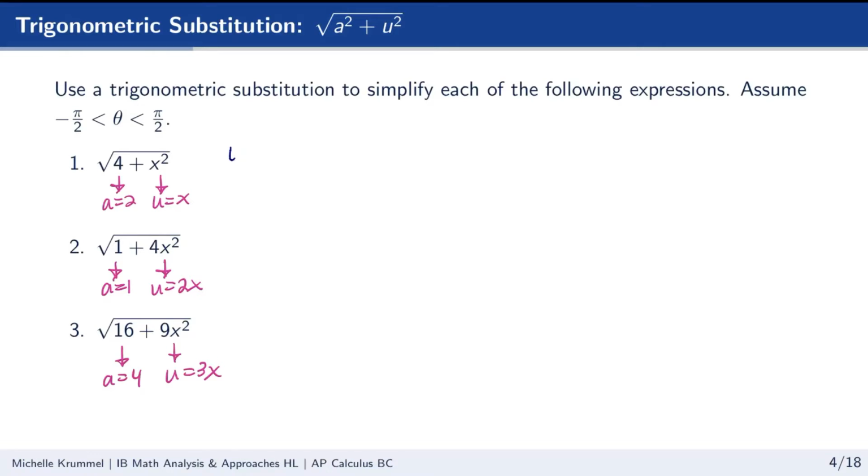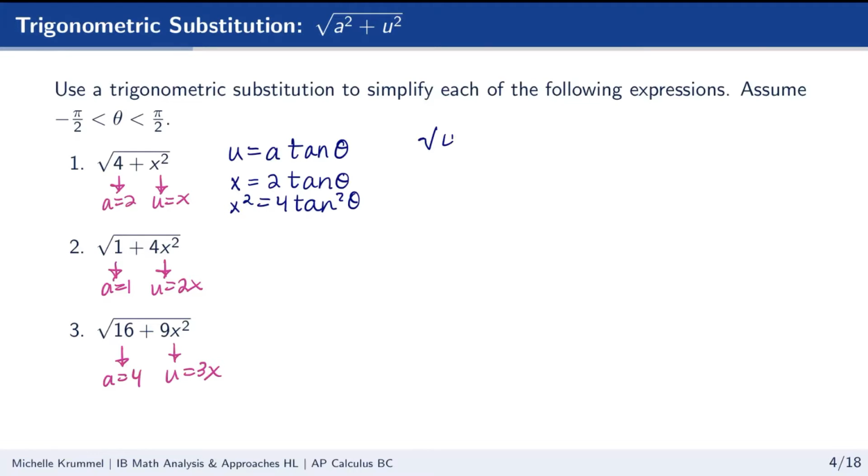Otherwise, we're going to use u equals a tan theta as our substitution, and u equals x in this first one, and a equals 2. If I square both sides, I get x squared equals 4 tan squared theta.